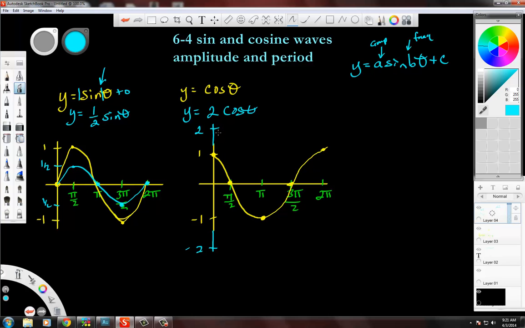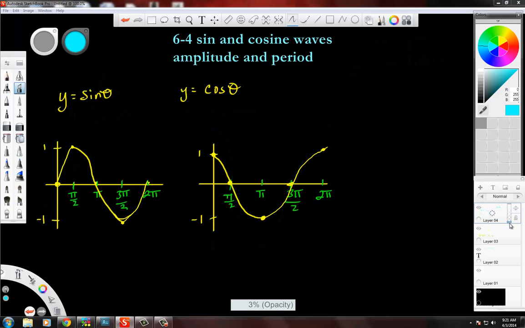It would still pass through this point, but it would start up here and bottom out down here. Its amplitude would be stretched like that. That would be the graph of 2 cosine theta. All right. Now, if you need to go back and look at that, go back and look at it.